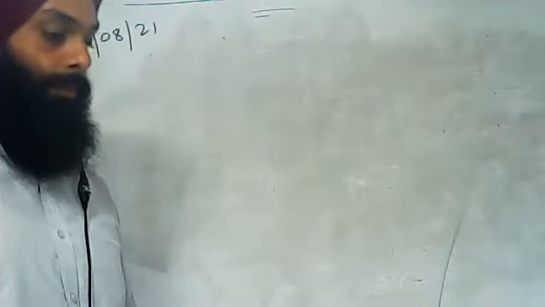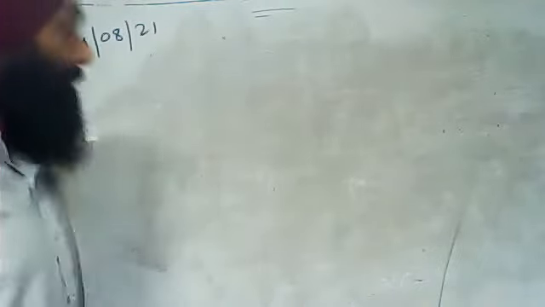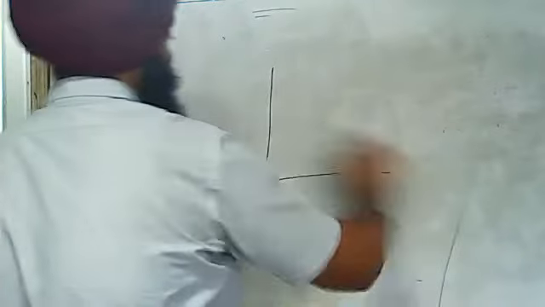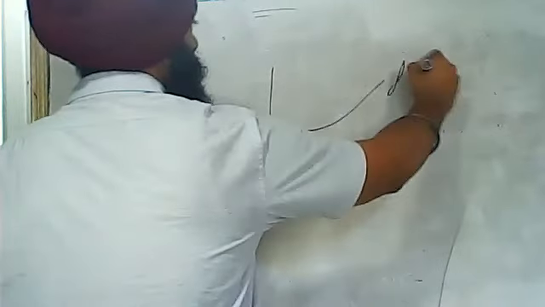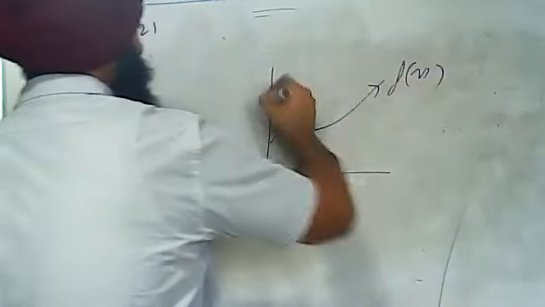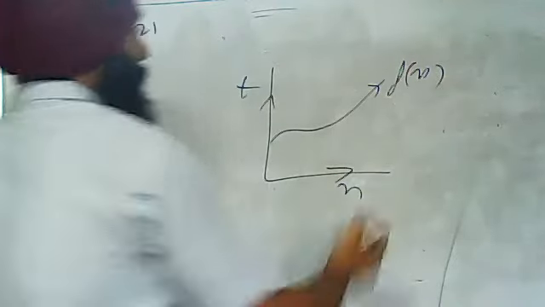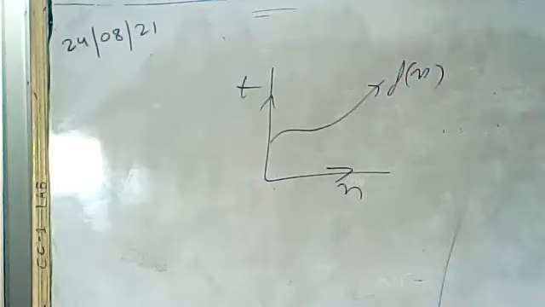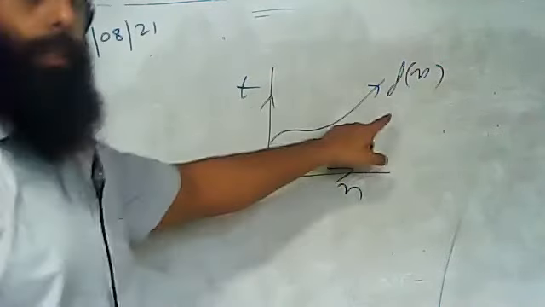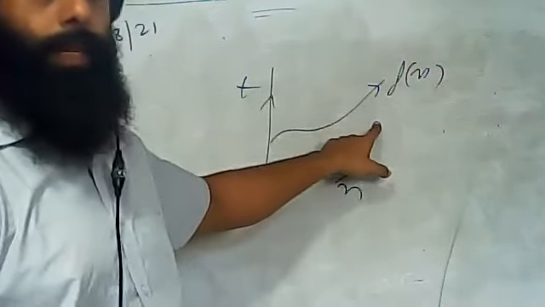Next class, that is insertion sort. Till now, what we have seen in the class is there is a function like this. This is called f of n, and this one is time, and this one is n number of elements. Till now, we have seen that, and this f of n is called time taken by an algorithm.